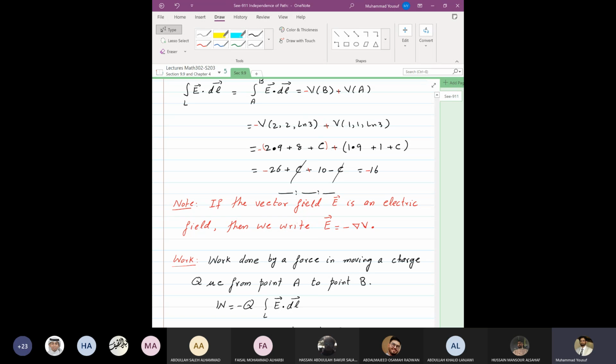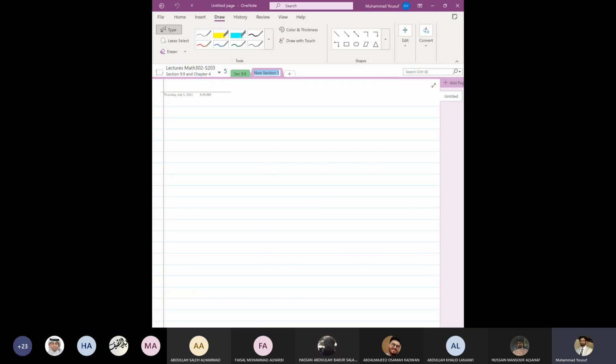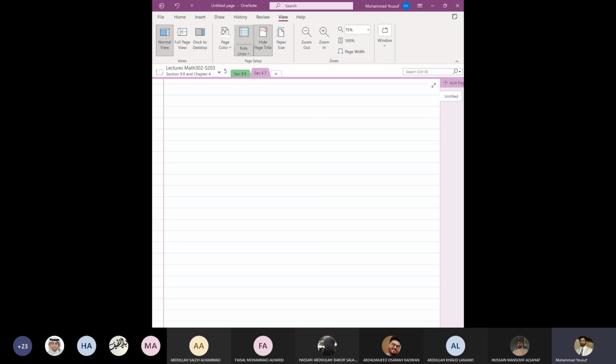And what about this electric field and this potential? It is from section 4.7, from the other book.